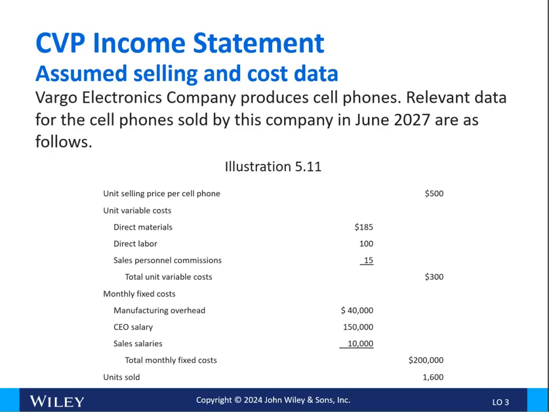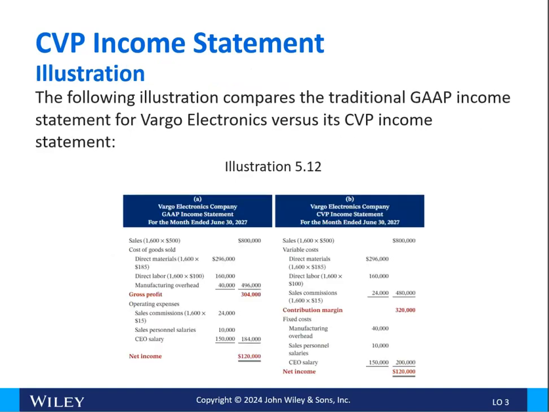Vargo Electronics Company produces cell phones. The relevant data for the cell phones sold by the company in June 2027 are as follows. We have a unit selling price per cell phone. We have our unit variable costs listed. We have our monthly fixed costs listed. And units sold is 1,600. Here's how a traditional income statement or GAAP income statement looks on the left, and our cost, volume, profit income statement on the right.